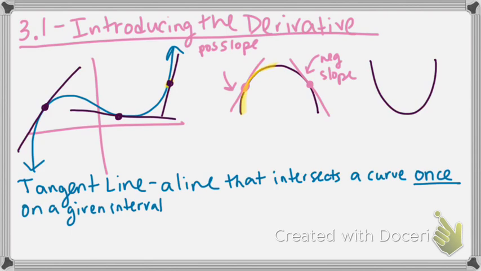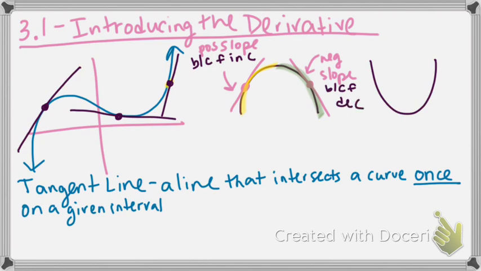So that's why the slopes are all positive. The second that my function stops increasing and starts decreasing, the slope of that function becomes negative. Positive slope because f is increasing, and negative slope because f is decreasing.